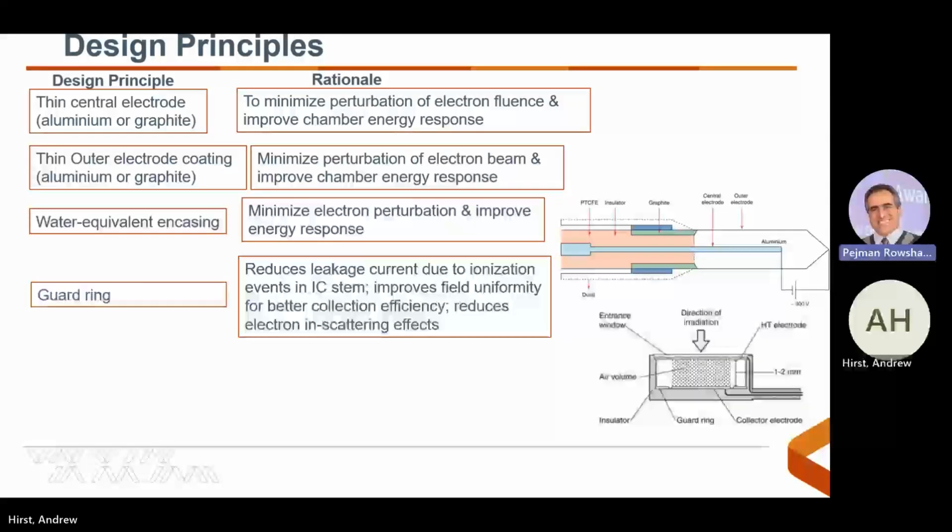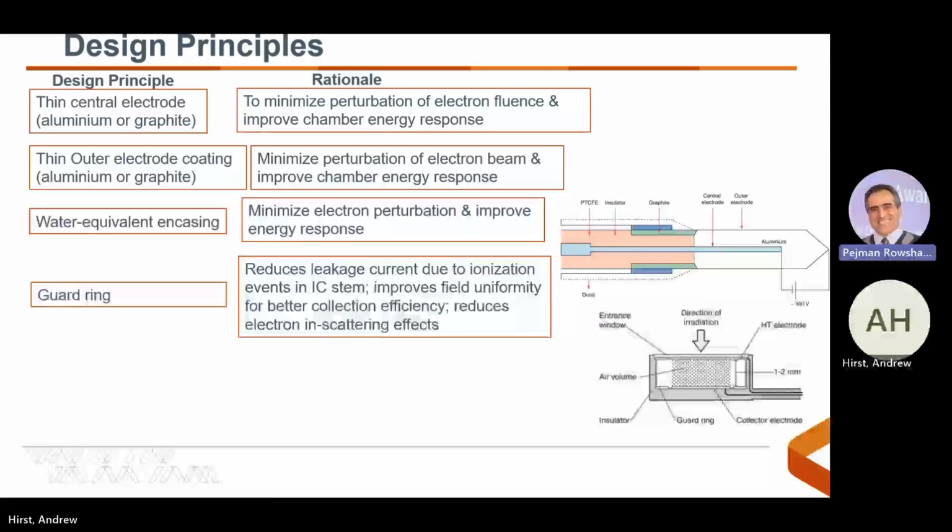So say you have photons crossing the stem here or here, any electrons produced in that stem can leak into your sensor, into these collecting electrodes. What the guard ring does is collect them and basically remove them. So it improves the accuracy and reduces the uncertainty of your measurement.